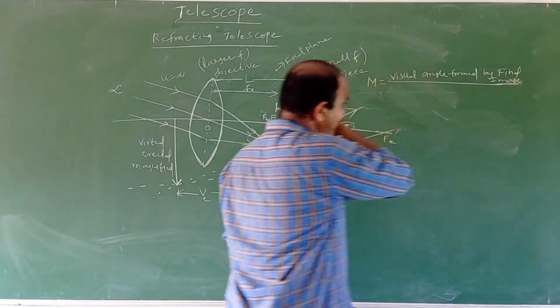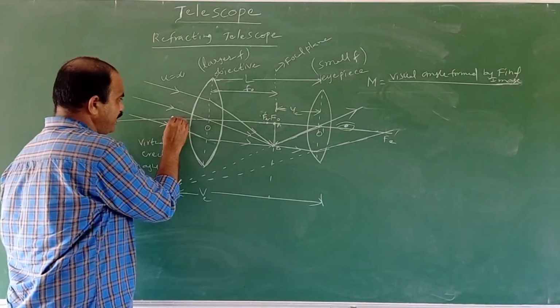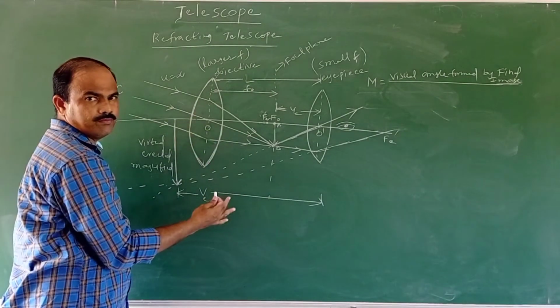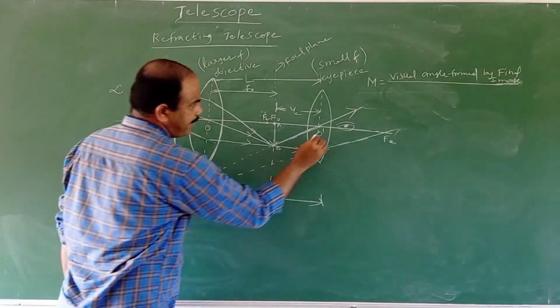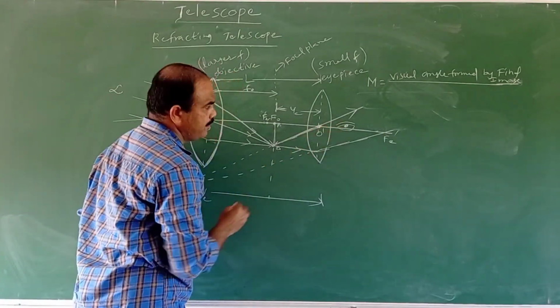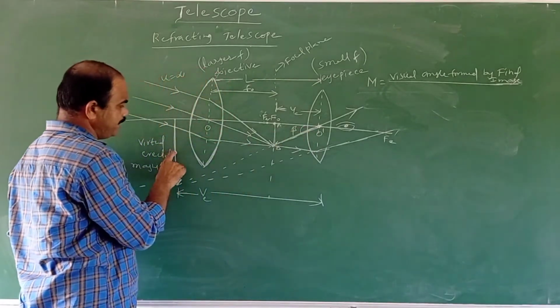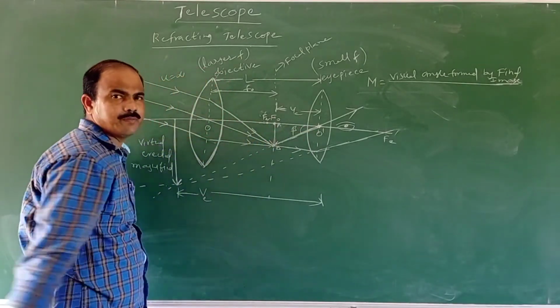Now here, what is the final image? This is the final image formed by this telescope. So it will make some angle at our eye. This is our eye. That angle is called the visual angle formed by the final image. I am considering that as beta.